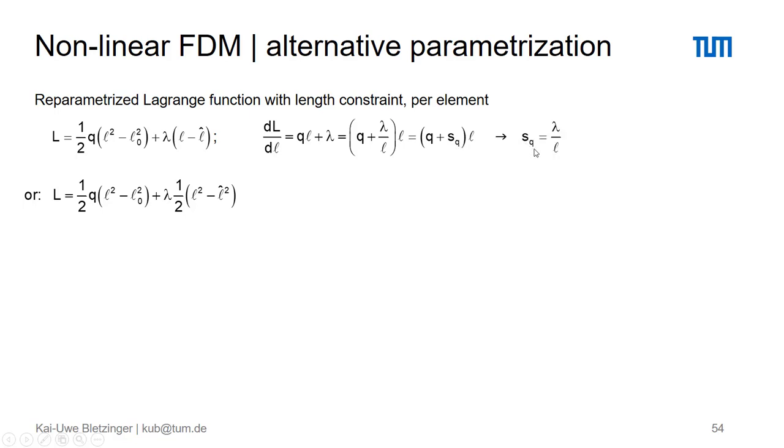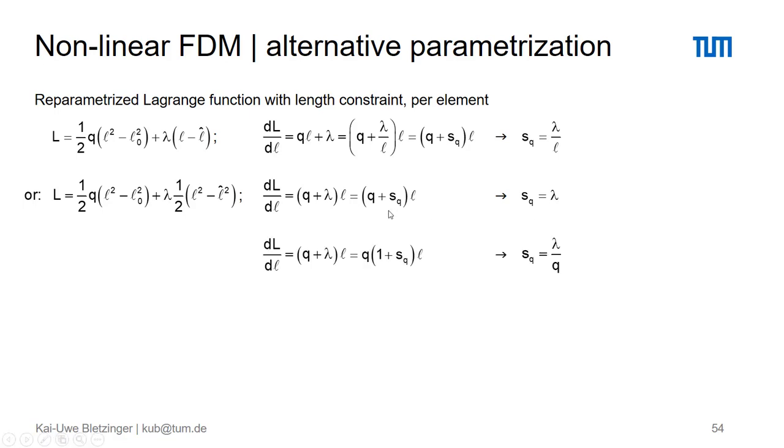Here it is, s_q, the modifier identified as lambda over L. If we do that for the quadratic variant of the constraint, again the derivative of the Lagrange function with respect to L, this modification looks like that. We identify the modifier s_q directly as the Lagrange multiplier. We did that already in the previous chapter, just refer to that.